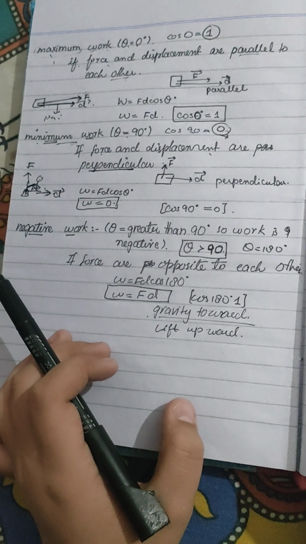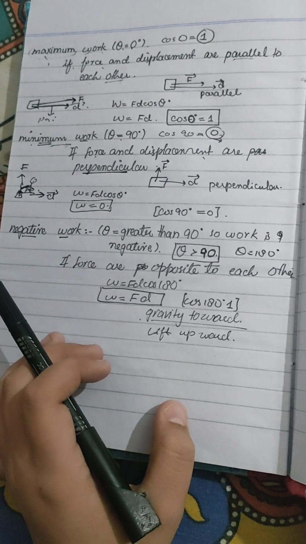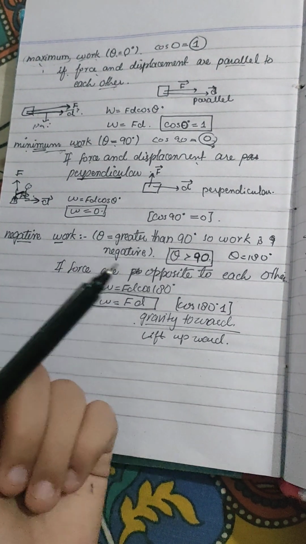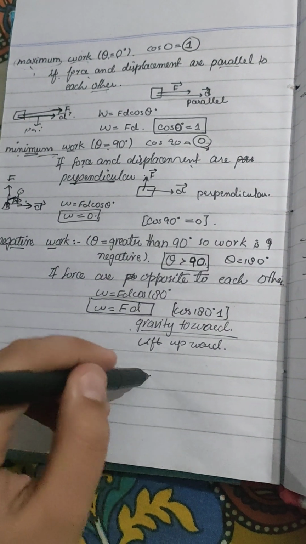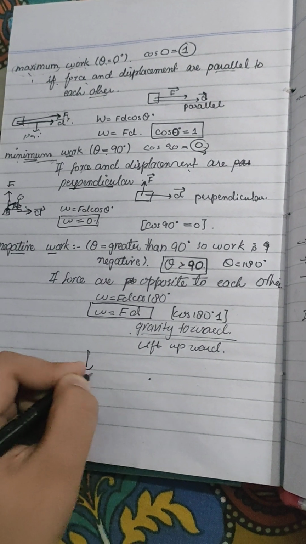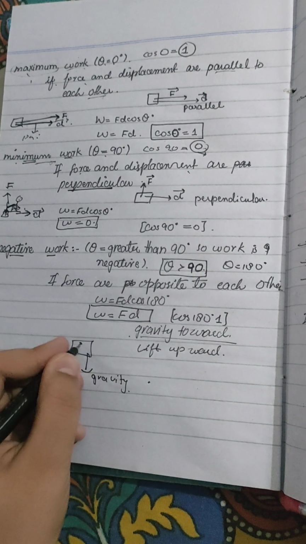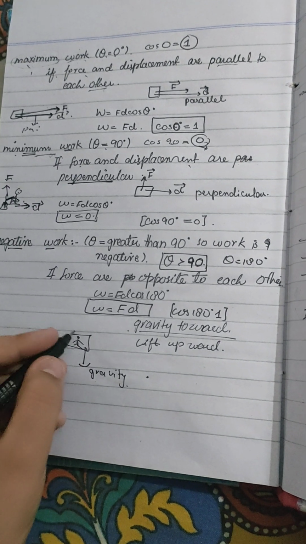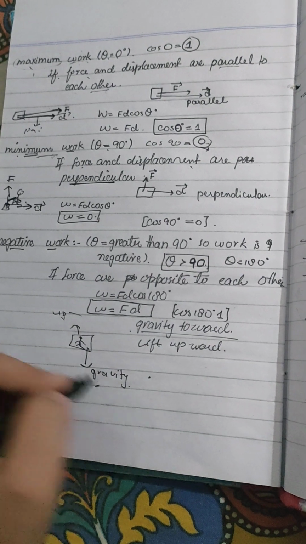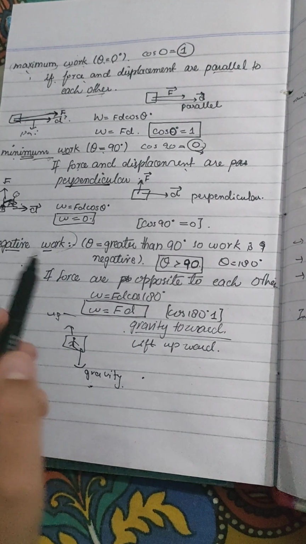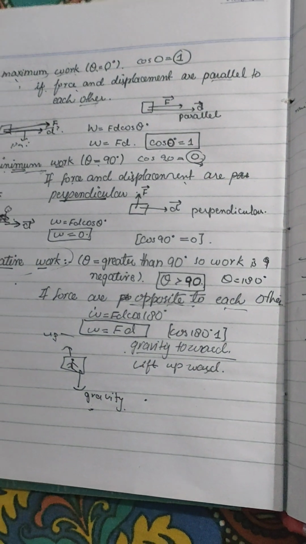Suppose you are in a lift and the lift is carrying you upward because you pressed the button, while gravity is pushing you down. Gravity is pushing you down and the lift is carrying you up. These both are opposite, so that's why we have negative work. Negative work means they are opposite to each other. Hopefully you get this.